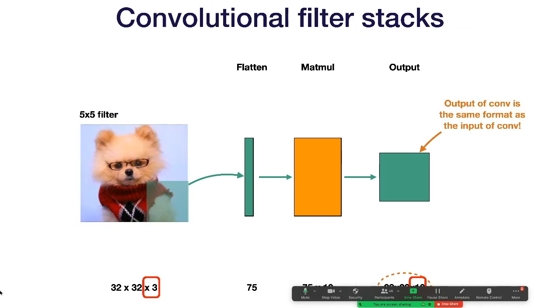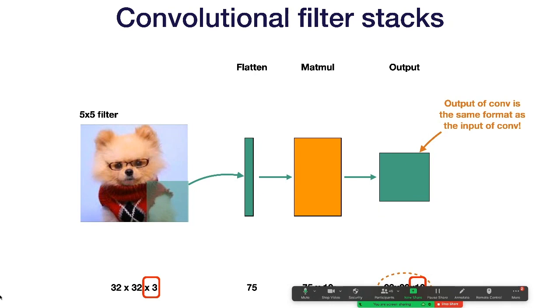One thing to notice here is that the overall format of the inputs and outputs to this convolution operation are the same. The input to this operation was this tensor, this stack of matrices that's 32 by 32 by 3, right? So it's this 3-dimensional tensor. And then after you applied these 10 5x5 convolutional filters to this image, you're left with something that's 28 by 28 by 10.